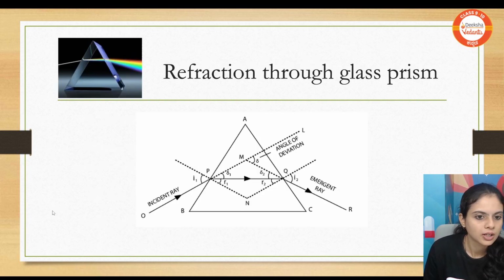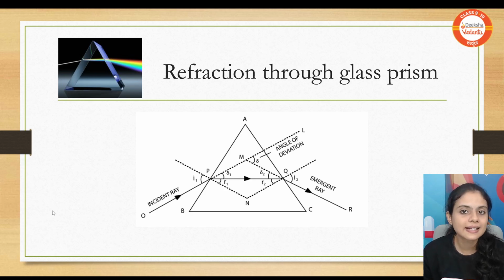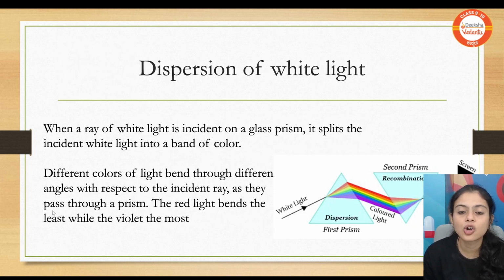Now we are discussing the colorful world, starting with refraction through a prism. When light enters the prism, it gets deviated. It bends with different angles, which causes dispersion of light. What is dispersion of light? When white light enters the prism, it splits into 7 colors.